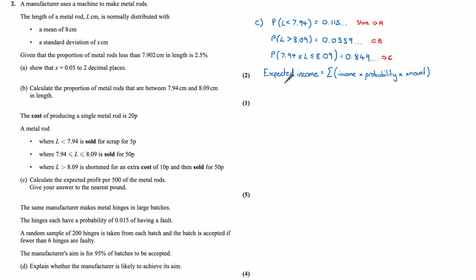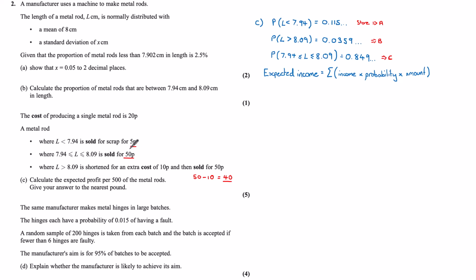Now let's look at what we need to calculate our expected profit. So let's first look at our expected income. Now our income is income times the probability times the amount. Now the probability times the amount, this is giving us our expected number of rods with each length. Our income is the value that we get from each sold rod.